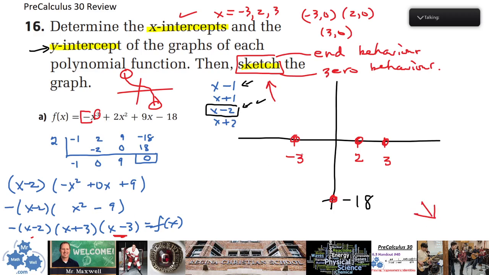And of course, now what we want to do is consider what happens at the intercepts. Remember, this is what happens if we have, let's just say, an intercept here. If the multiplicity, remember that's what we're looking for, we're looking for actually the exponents on all the factors. If the exponent is a 1, it's simply a straight line cross.